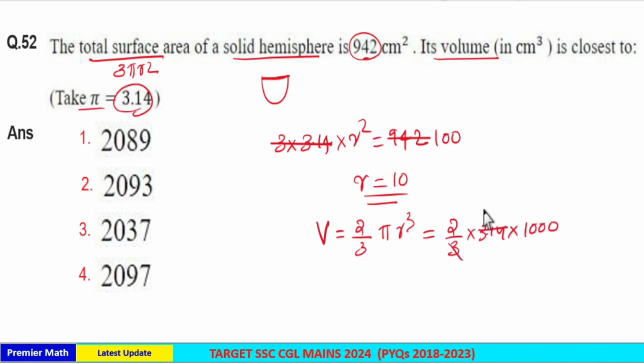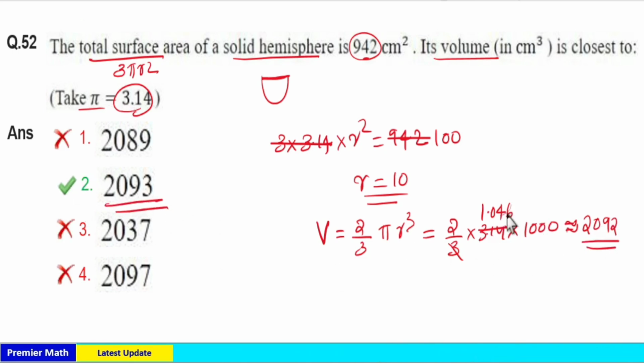Now 3 goes 1 time in 3, 0 time in 1 and 4 times in 12 and 6 times in 18. So 1.046 into 1000 is 1046. 1046 into 2 is around 2092. So if you look at the options, option 2 is your answer. 46 into 2 is 92.